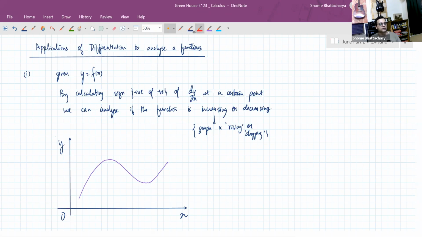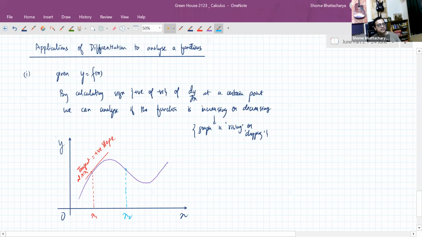If this is some point x1 and I draw a tangent at this point, this tangent at x1 will have a positive slope. Whereas if I select another point, let's say x2, the tangent drawn at x2 will have a negative slope.